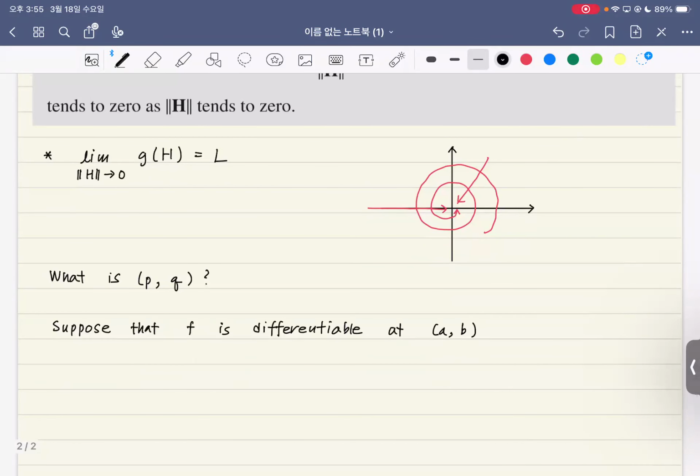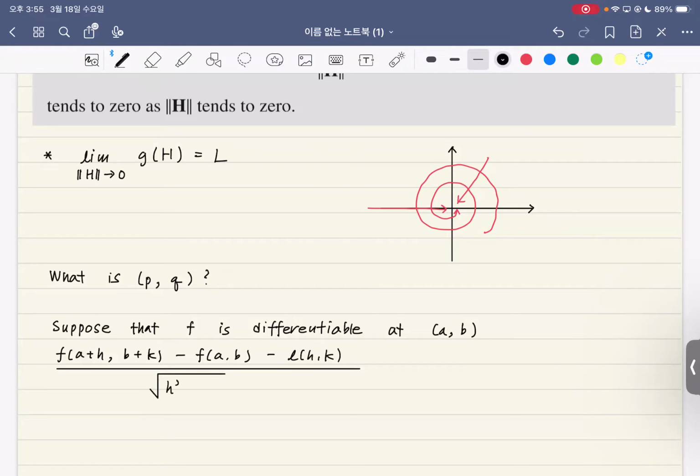Then the limit of f(a plus h, b plus k) minus f(a, b) minus L(h, k), and the denominator is the square root of h squared plus k squared, which is the length of the vector (h, k), this must be 0 as the length of this vector is tending to 0.